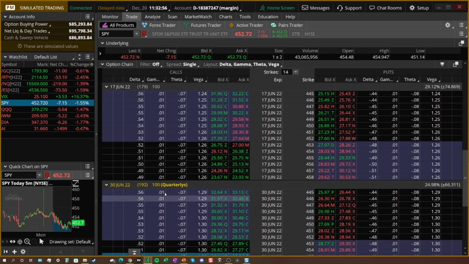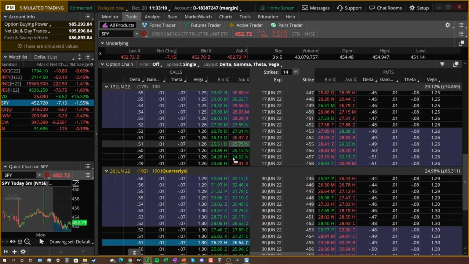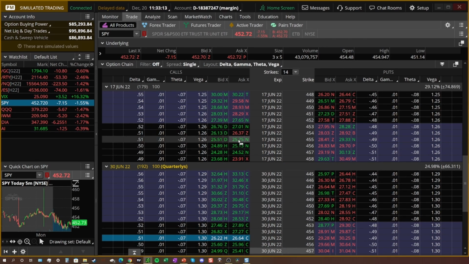So go to an expiration 2 weeks less. We're looking to buy this longer-term June 30, so go to 2 weeks less of that, the June 17. Then find that strike and see how much it's trading for. That difference is what you'd be able to roughly close out for.